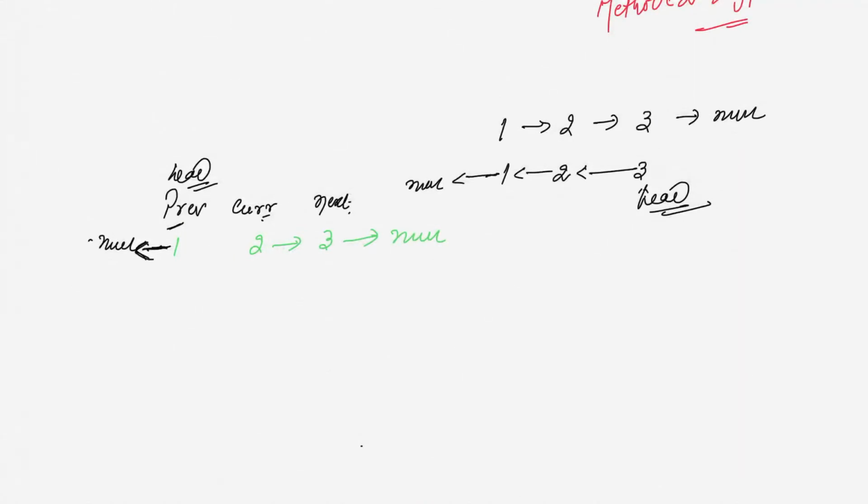In loop 2, again we will ask current to point to the previous node, and we are going to move next here, current here, and previous here.